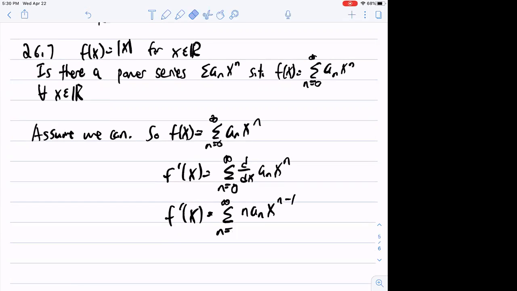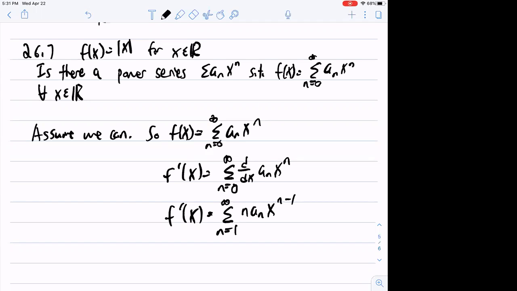Sorry, I need a 1 here. If you're not sure about the n equals 1 part, you could plug in n equals 0, and you get an x to the negative 1 power. That's not really possible. If you have a polynomial and you take the derivative, you're not going to get 1 over x as a result. So that's a reality check.